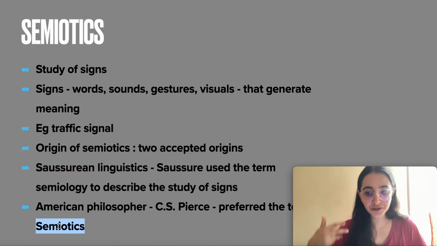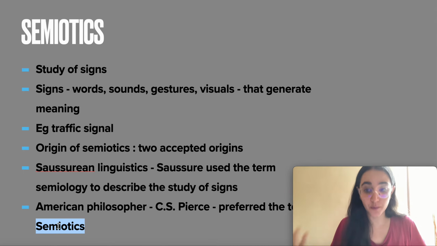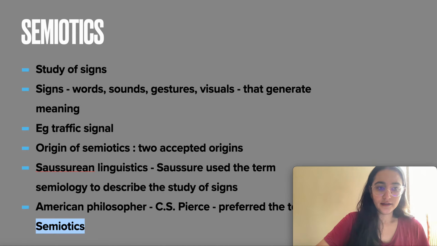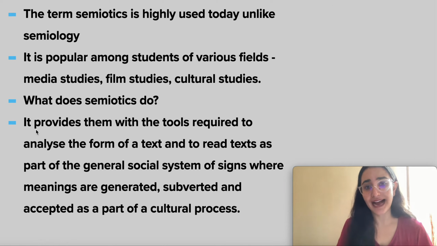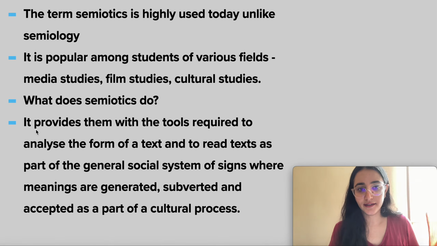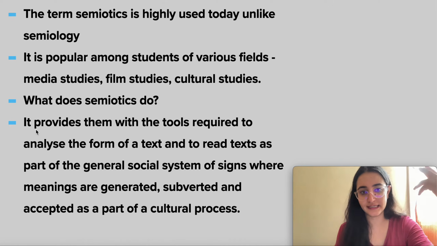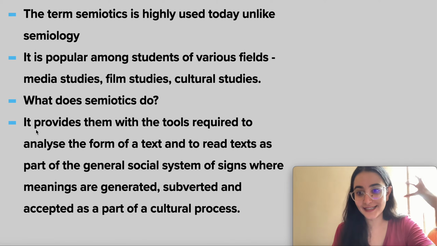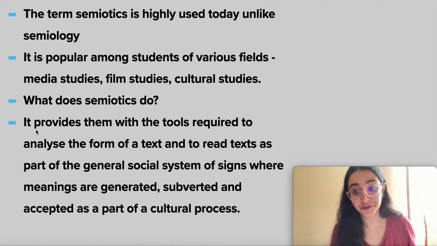Out of the two terms, semiotics became more popular, and therefore semiotics is the term used today, unlike semiology. Semiotics is not just used in linguistics, but by students of various fields, for example media studies, film studies and cultural studies, because you will find different kinds of signs everywhere.